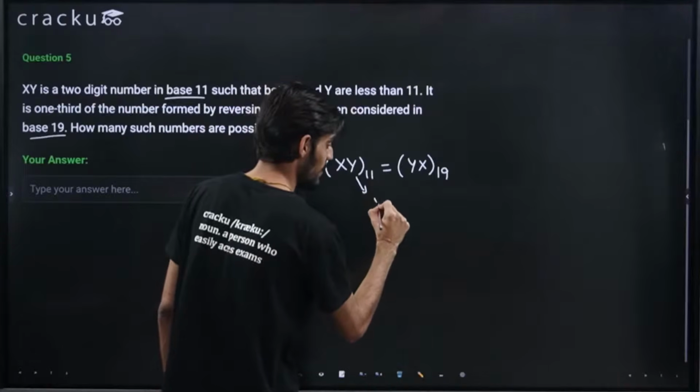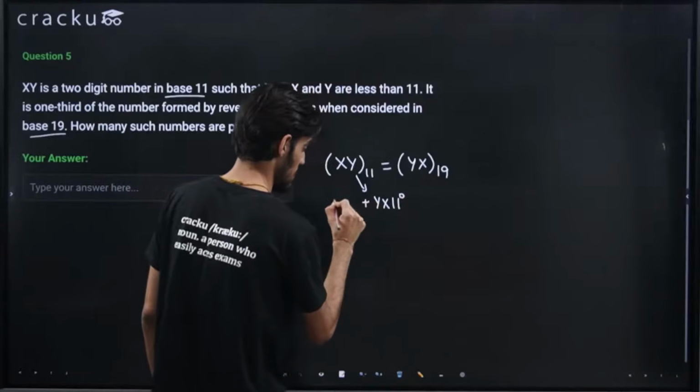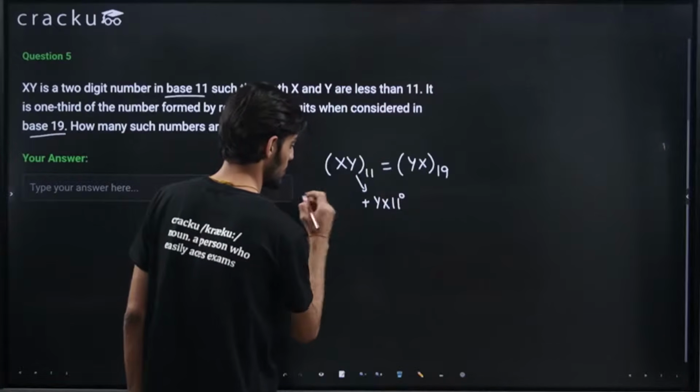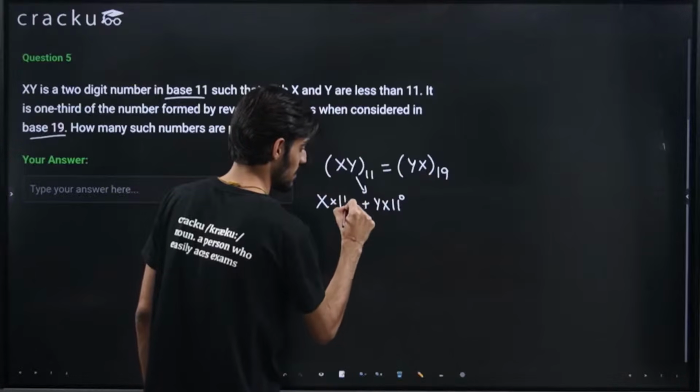That is y multiplied by 11 raised to the power 0 plus x multiplied by 11 raised to the power 1.